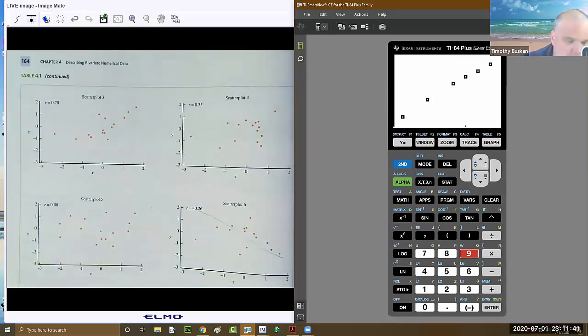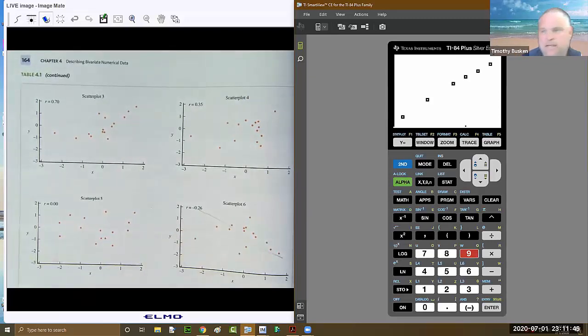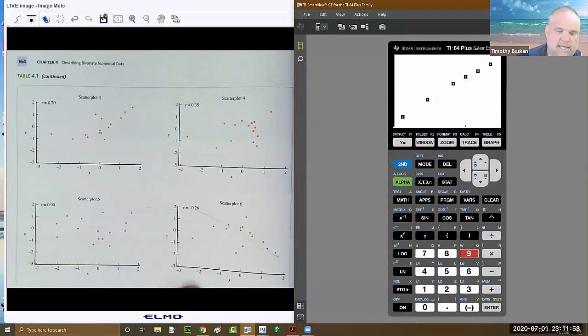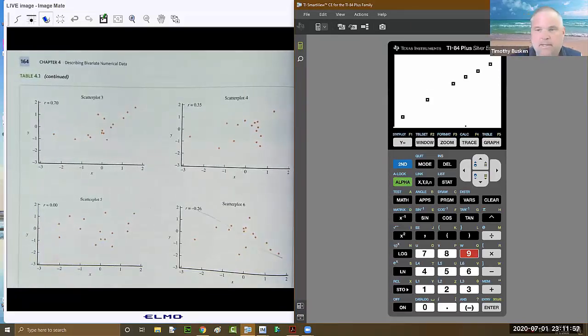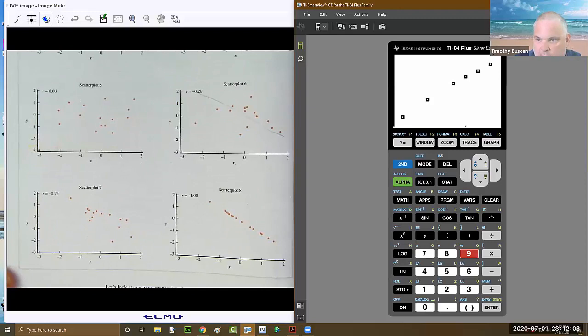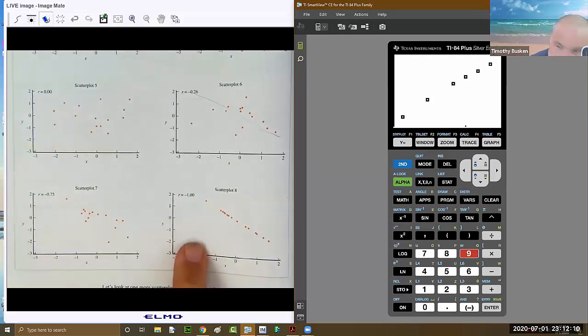It's a negative weak correlation, which means if you did put a best fitting line in there, it would have a negative slope. In other words, generally it seems like as X increases, the Y values decrease, but that's not as strong a value of R as, say, the one shown here in scatter plot 7 and scatter plot 8.